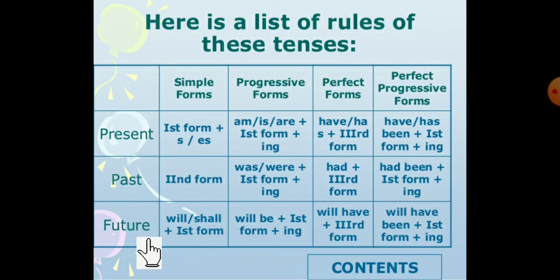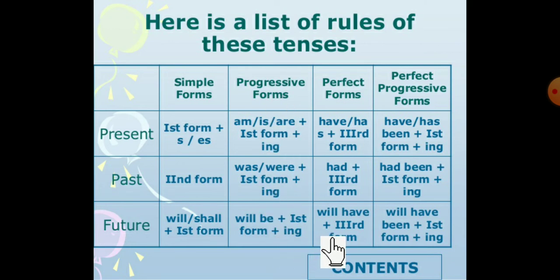In the simple future tense, you can use will or shall plus first form of the verb. In the future continuous tense, will be plus first form of the verb plus ing, because continuous.